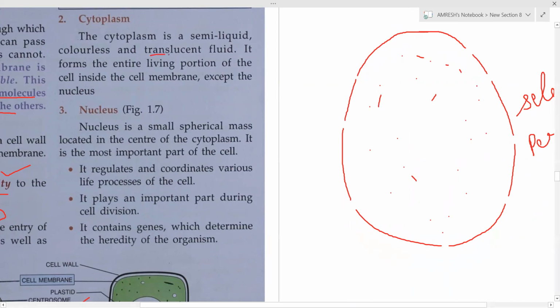It is translucent in nature, and the entire living portion of the cell is formed by the cytoplasm except the nucleus. Apart from the nucleus, every other thing is surrounded by the cytoplasm.